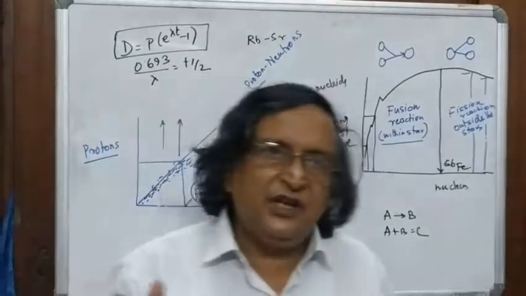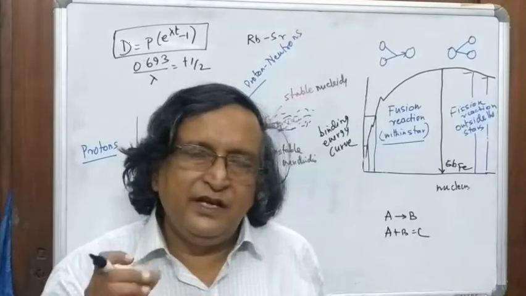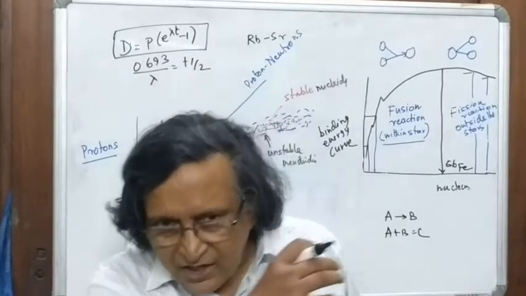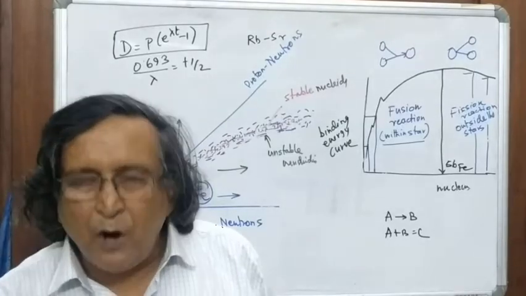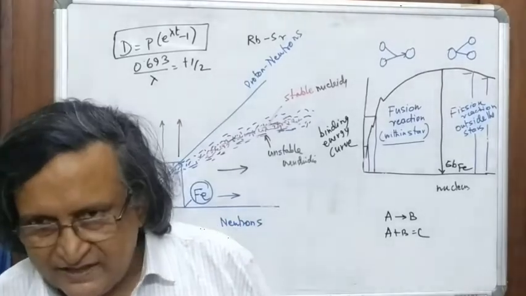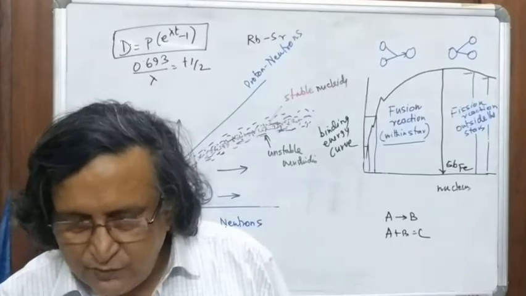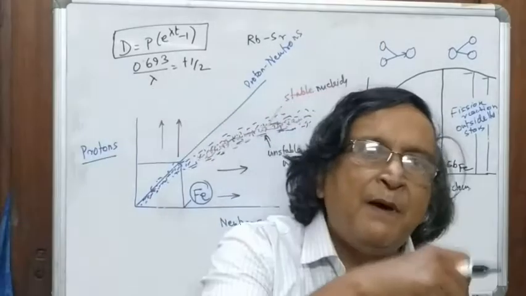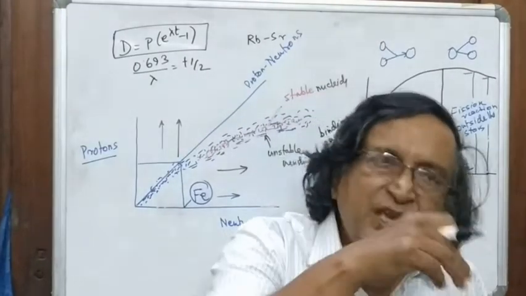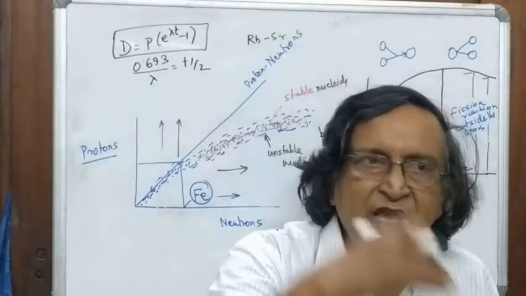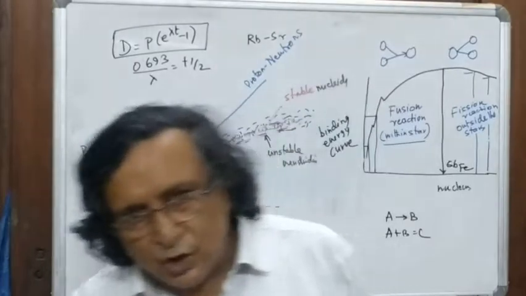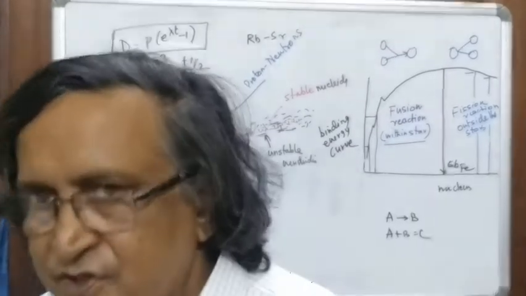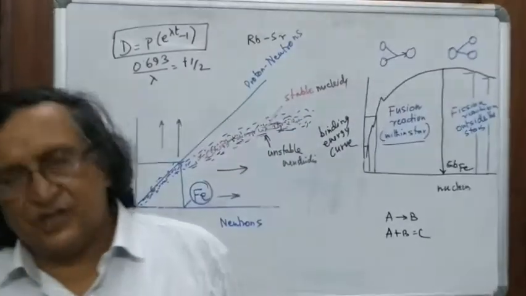So if you look at it even commonsensically, bombardment by neutrons is a much more prominent and dominant mechanism than bombardment by protons, simply because the proton will be facing a tremendous amount of repulsion, but neutrons will not experience this repulsion.